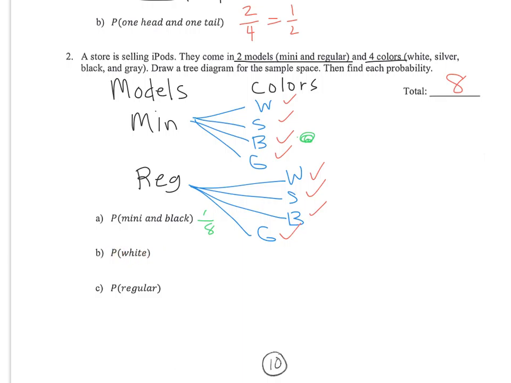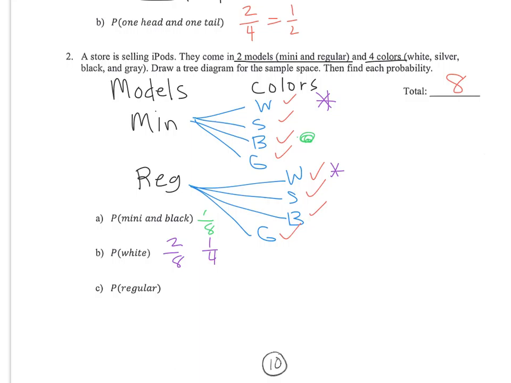This one I'll change the color. This one is mini and white, so I'll highlight that one. This one's mini and silver, this one's mini and black, this one's mini and gray. Nope. This one's regular and white, so these 2 are white. So it's 2 out of 8, which is 1/4.